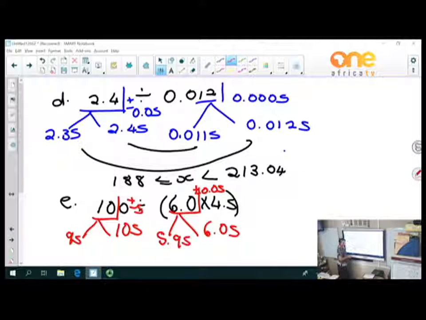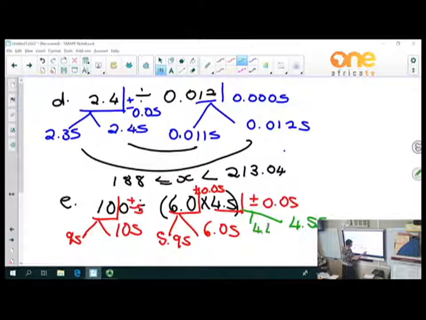And this one also has two significant figures, so it will be plus or minus 0.05, the same as this one. The upper bound is 4.55 and the lower bound is 4.45.